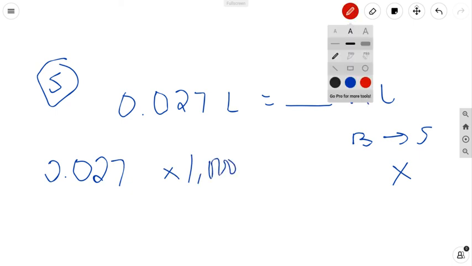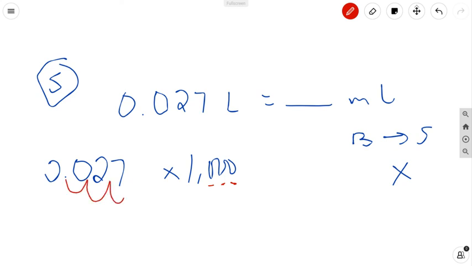Now the decimal point is visible for us. We're moving the decimal in the other direction, 3 spaces, because there are 3 zeros in 1,000. So we're going to go 1, 2, 3. So now the decimal is moving from in between the zeros to after the 7. So 27 milliliters, also known as 27.